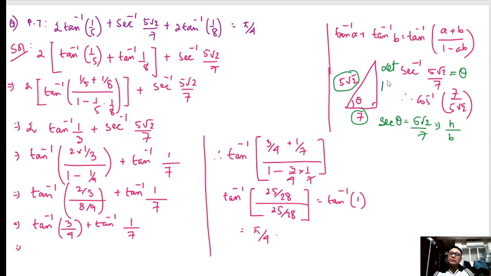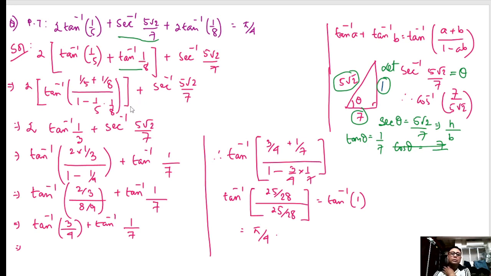So my perpendicular is coming 1. So cos theta will be base by hypotenuse, but we want tan. So tan theta will be perpendicular by the base. So here, instead of this we are writing this. Clear?